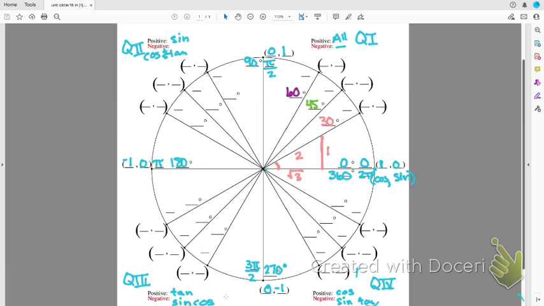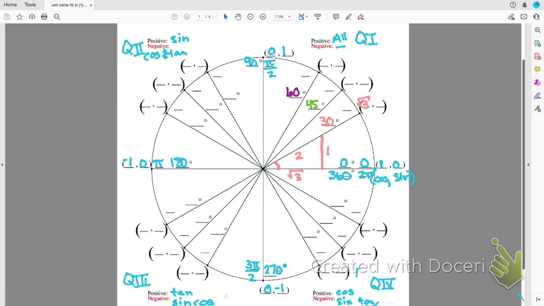So when I ask you what the cosine at 30 degrees is, cosine is what value? The x. So what is the x at 30? Square root of 3. So you put a square root of 3 over here. And it's going to be square root of 3 over what? What's r?